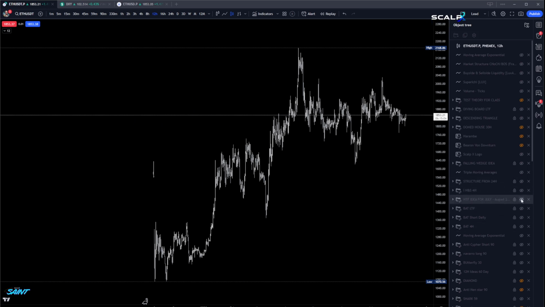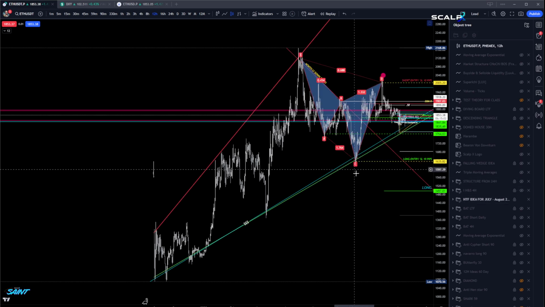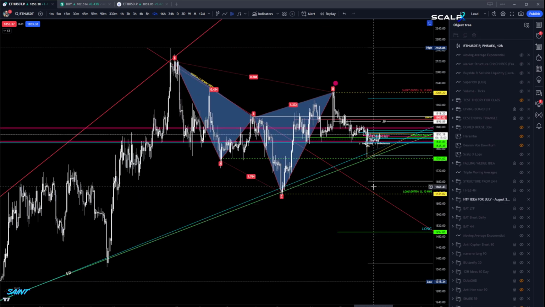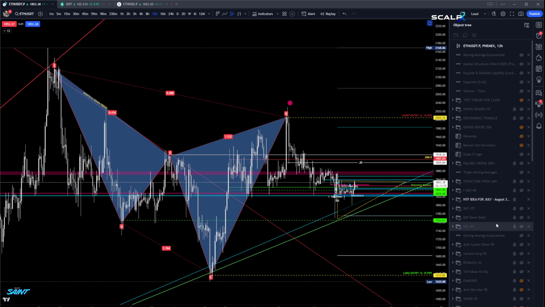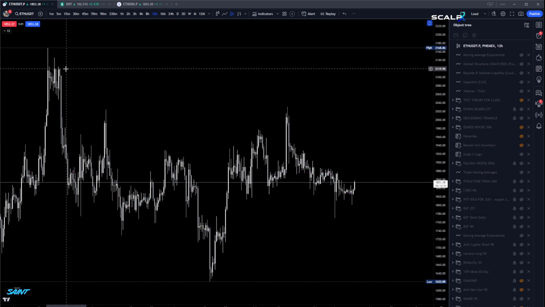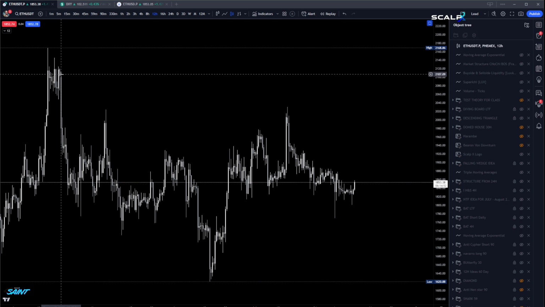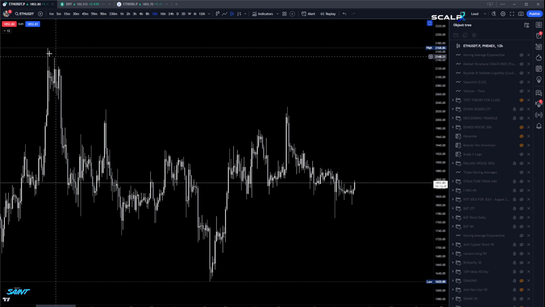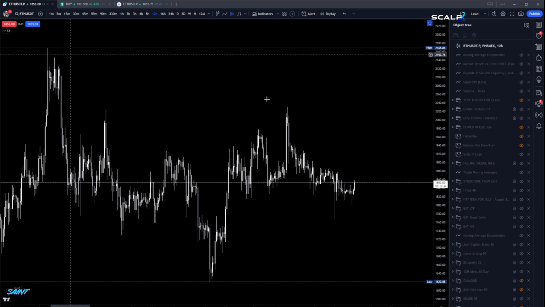Flash this off again. Just a quick recap, right? Why we identify this as a swing point, not necessarily just because it's the most extreme high. Yes, that's number one when it comes to this.